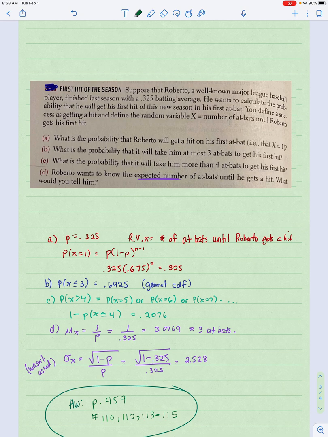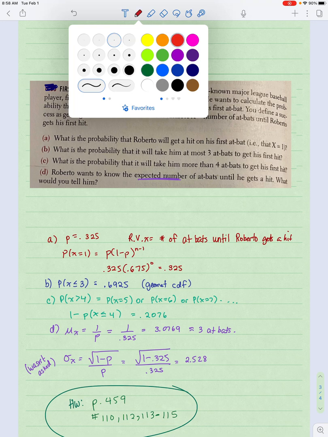You define a success as getting a hit, and the random variable x is the number of at-bats. So the probability that he'll get his first hit on his first at-bat is x equaling 1. So p is 0.325, and then you plug into the formula, or you can use geometric PDF to get that answer as well.